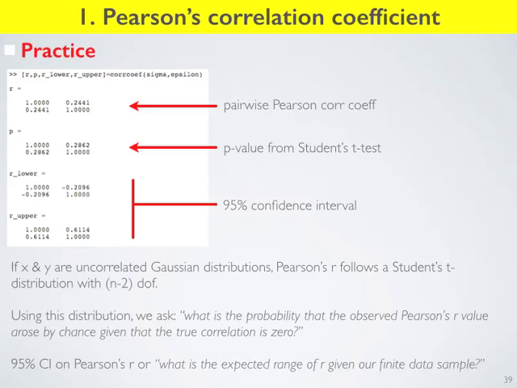It turns out if we assume that, and we assume a couple of other things about our data, that they are uncorrelated Gaussian distributions, which may or may not be true, but usually it's a reasonable assumption to make, at least for a first cut analysis, our null model conforms to a particular distribution known as the Student t distribution, and we can see how far our data actually deviate from this theoretical null model.